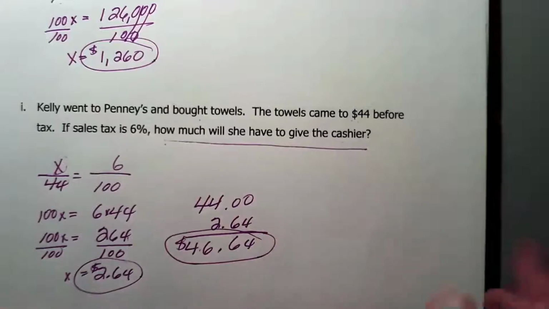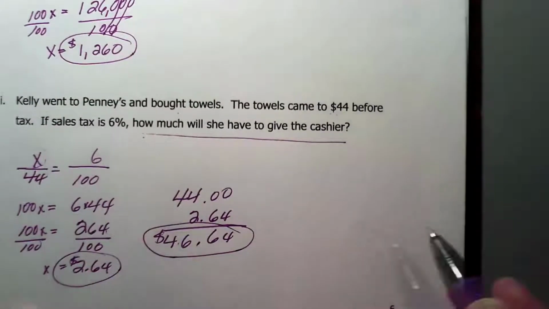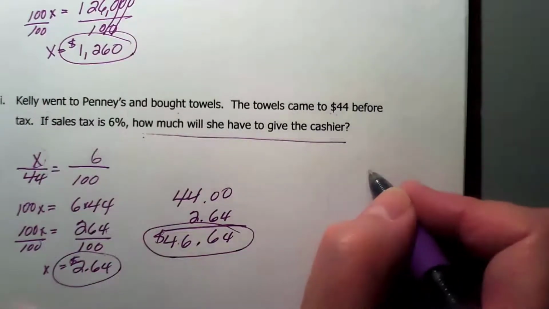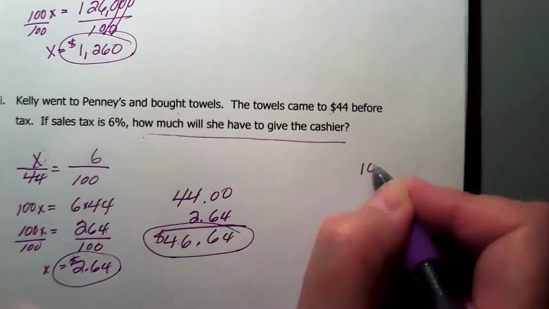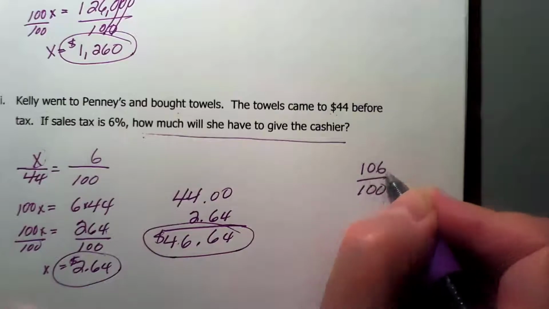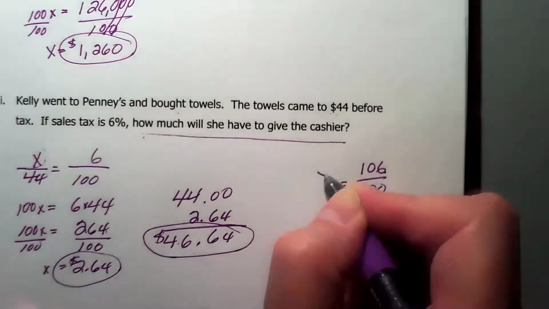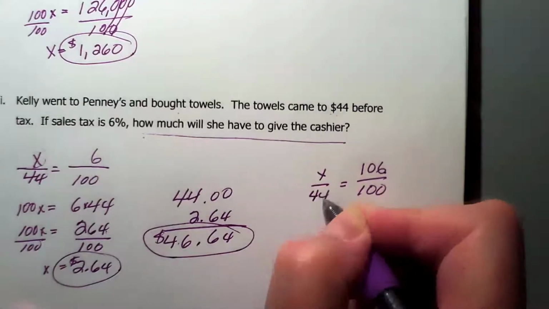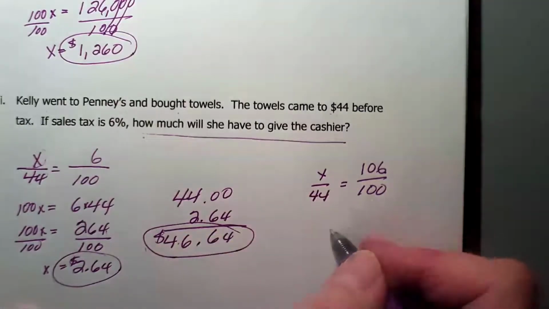$46.64. Another way to do this is to, instead of doing 6%, do 106%, because that takes care of paying for the item plus the 6% tax. And if you work it out this way, you're going to come up with the total answer at the end.